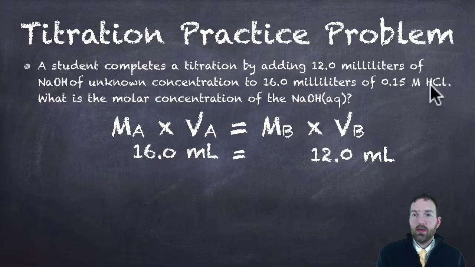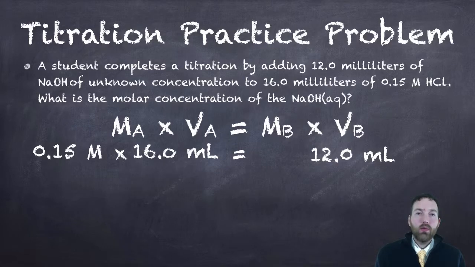The HCl is our acid, so 16 milliliters is our VA. And they told us the concentration was 0.15. That is our MA, the molarity of our acid. And they want us to solve for the molar concentration of the NaOH. That's the base, so we're solving for MB here.